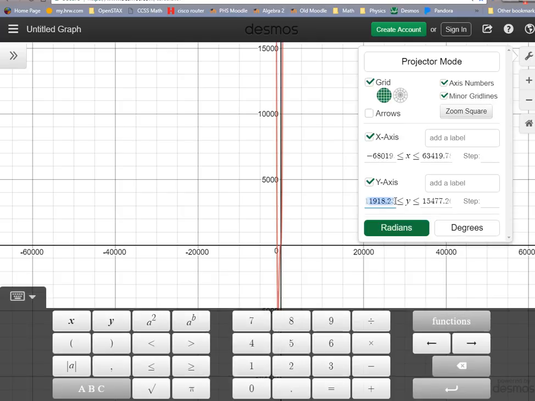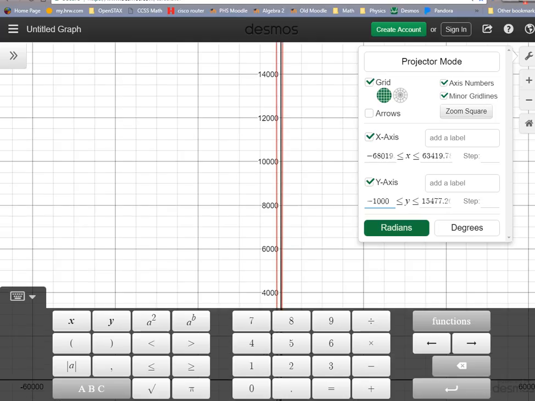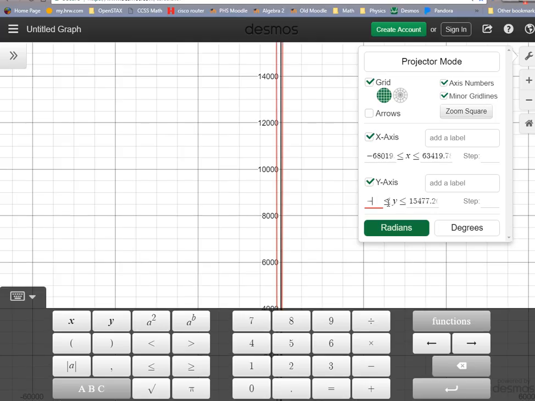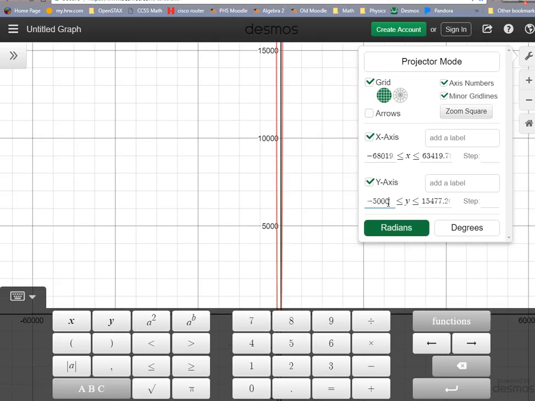Let's make x go from negative 1,000, or about 100. Oops, wrong one. It was like negative 5,000. Okay, close enough.